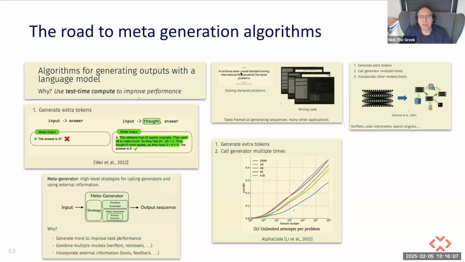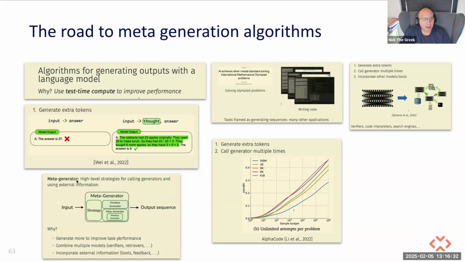So AI achieves silver medal standing at the International Mathematical Olympiad. I think this is AlphaProof, if I remember. That's from DeepMind. And this is from Databricks, where they kind of talk about, I think it comes from a text-to-SQL paper.